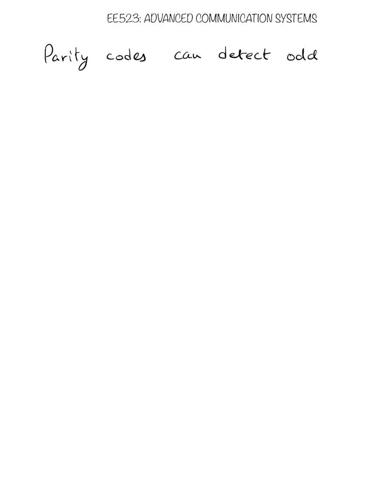We discussed this in the last lecture. That means if the number of errors present in a given code word is odd, that is, a 1-bit error or 3-bit errors or 5-bit errors, it can detect it. However, if the number of errors is even, then the parity code will not be able to detect it. It will think it is a correct code word.